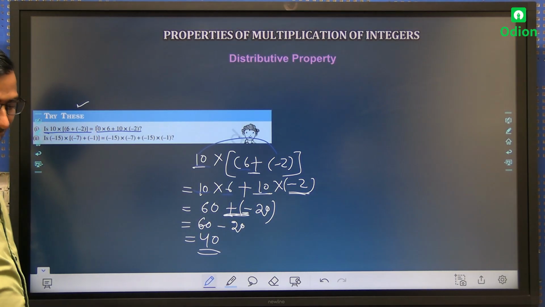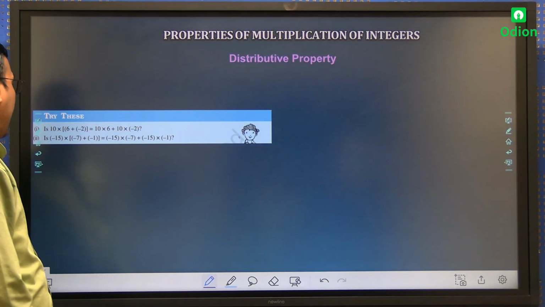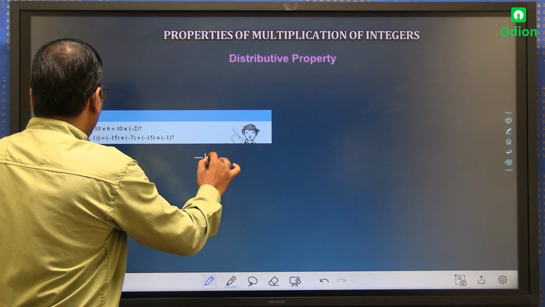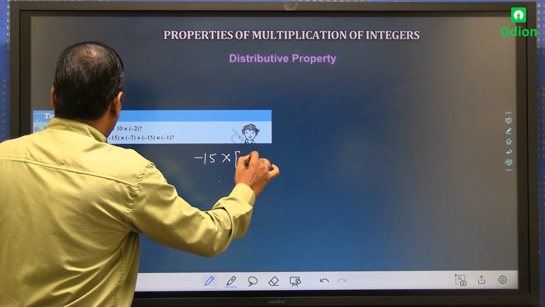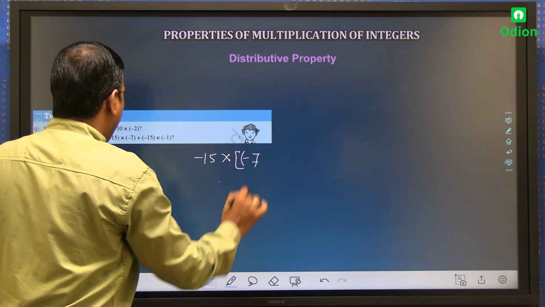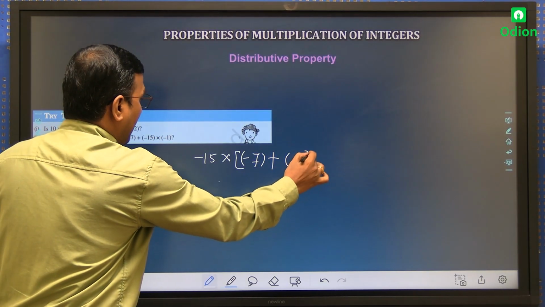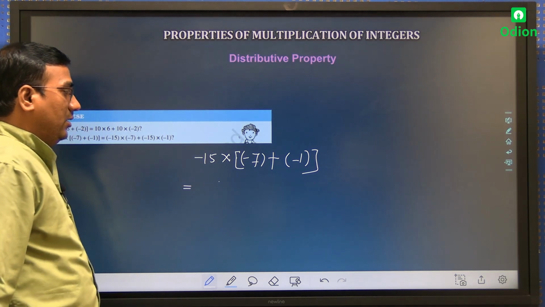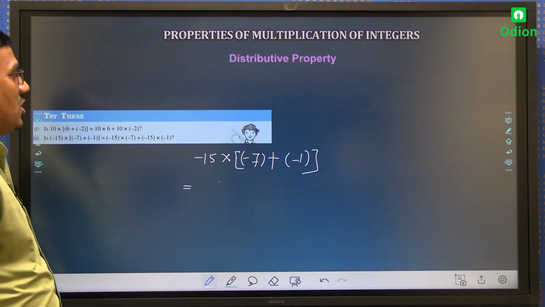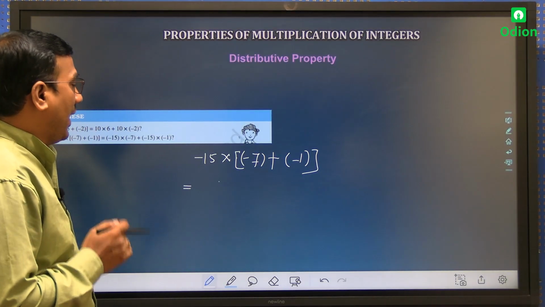Then go for the second one: -15 into -7 plus -1. Let us do this according to the distributive property. Then what do I have to write?